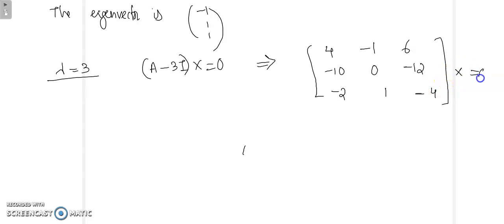So x equal to 0. So that is the required system. Now again we need to row reduce that.